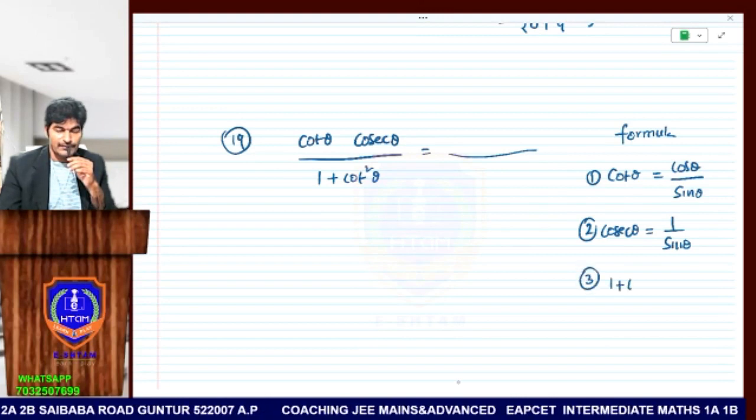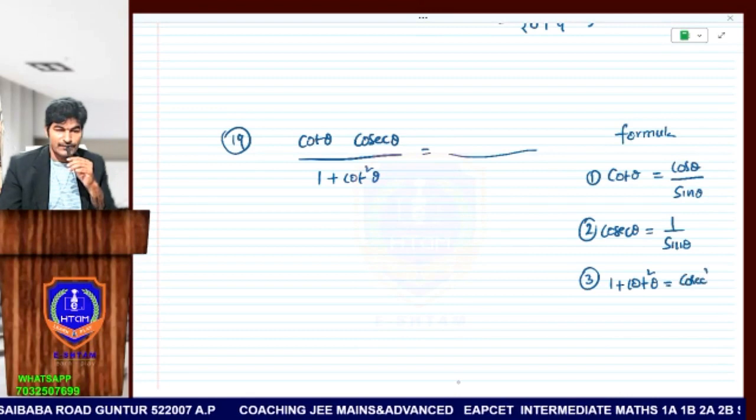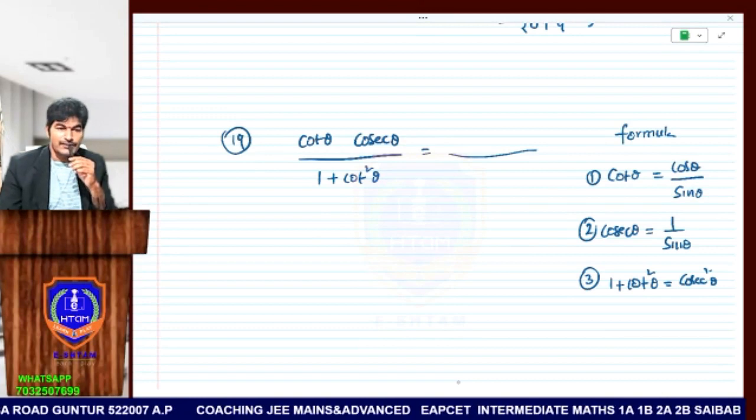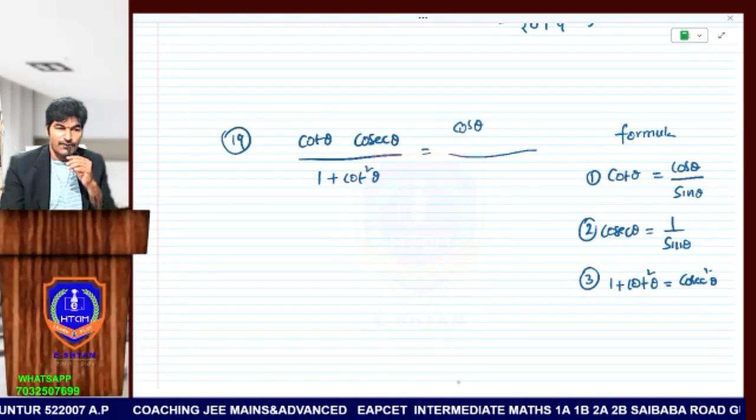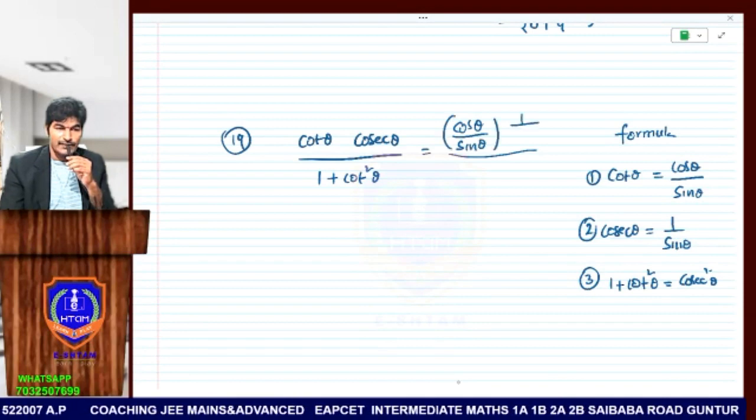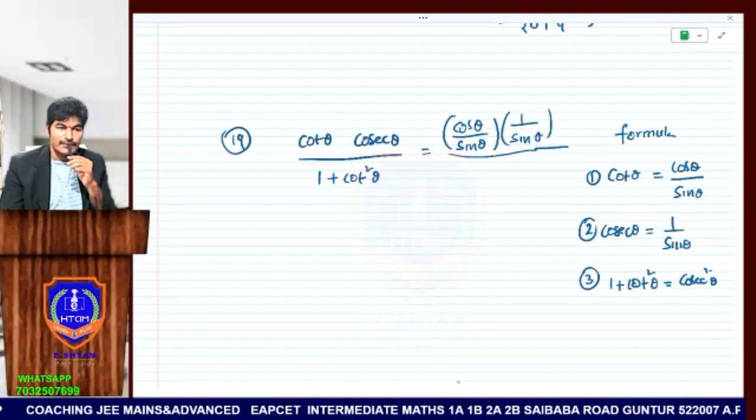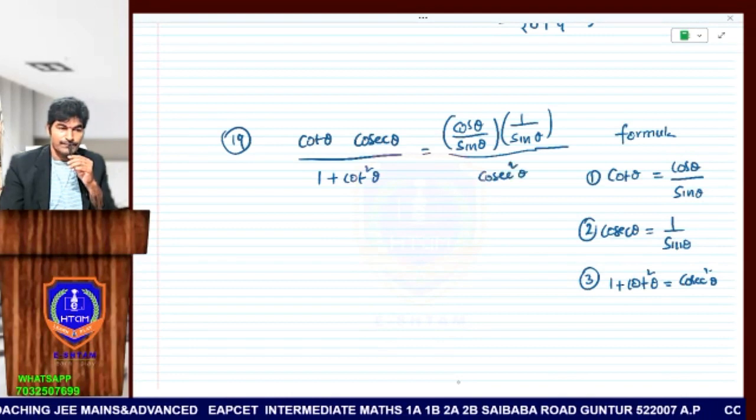Third formula, 1 plus cot square theta equal to cosecant square theta. Understood? These three formulas we are using to calculate this question. Cot theta means just write down cos theta by sin theta. Cosecant theta means 1 by sin theta. Okay. 1 plus cot square theta means cosecant square theta.